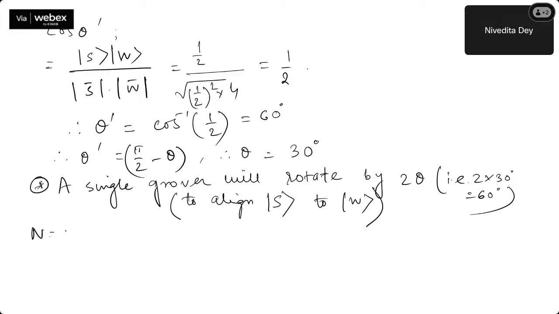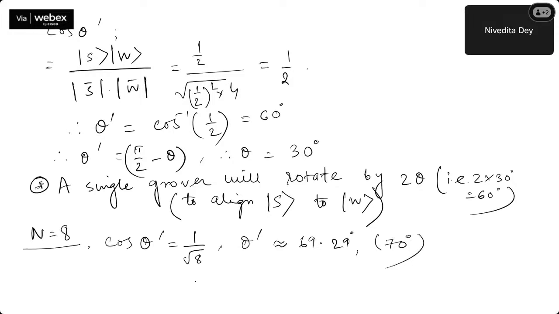Okay. Now say n is equal to 8, another one. Similarly, if you compute, you will see that cos theta bar is 1 by root over 8, and theta bar will come somewhere around 69.29 degree or say 70 degree, whatever you say. So in that case, theta will be around 20 degree.